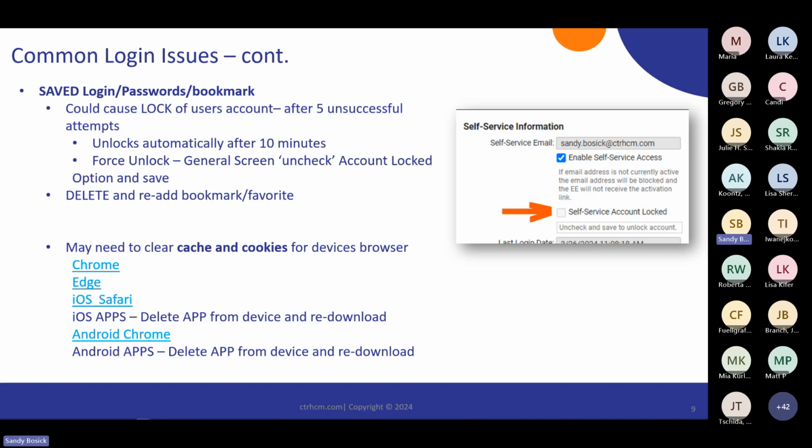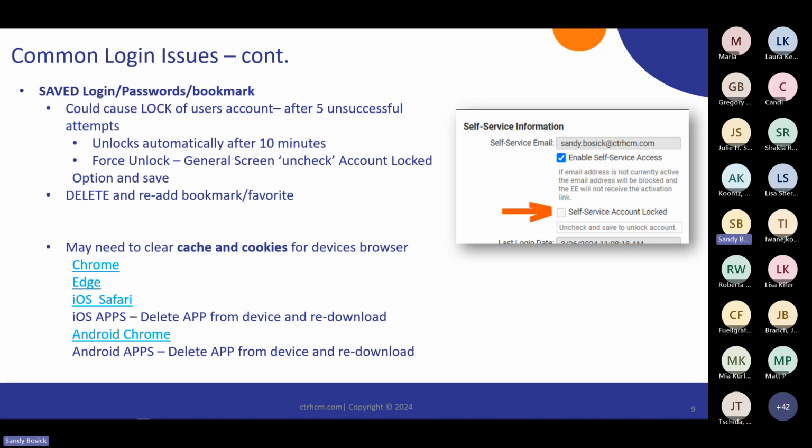And primarily the reason for that initially was the website that was being used, again, for putting in your login information and your password was being sent to cohere.ctrhcm.com or with the /cloud service at the end.